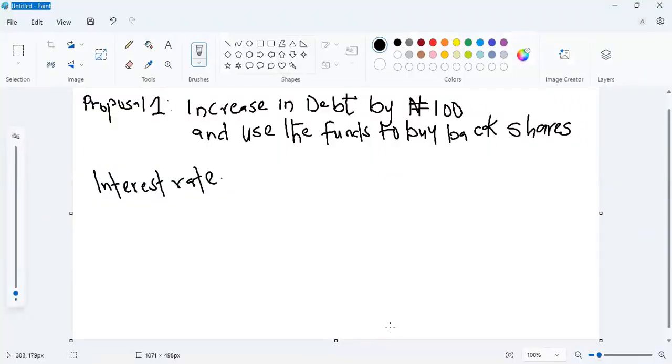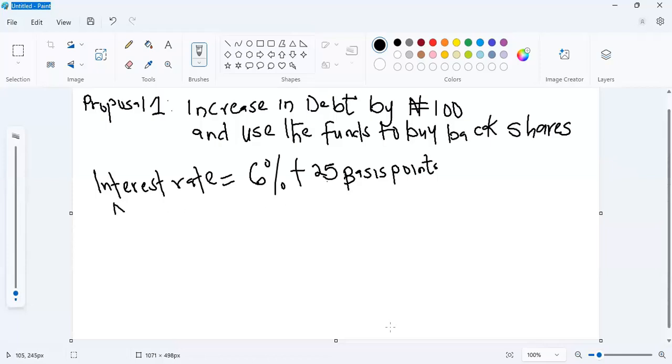That means the interest rate now is, before we have 6% plus 25 basis points. I will now convert basis points to percentage.